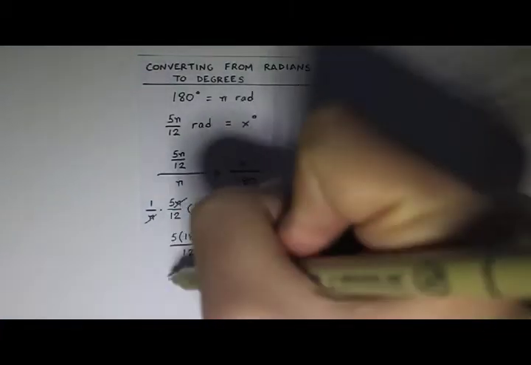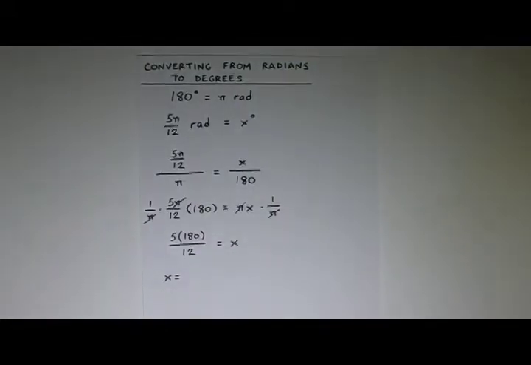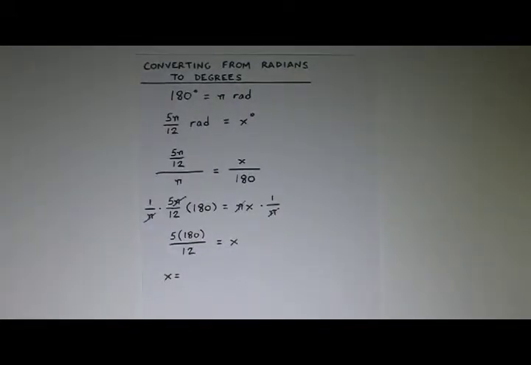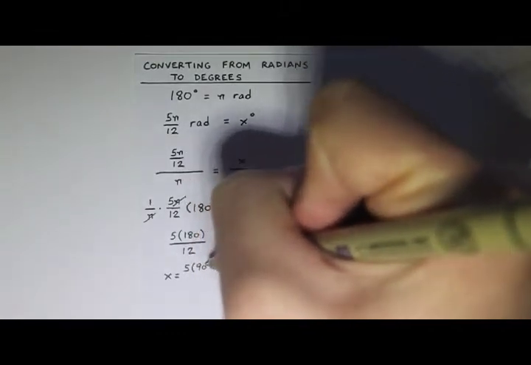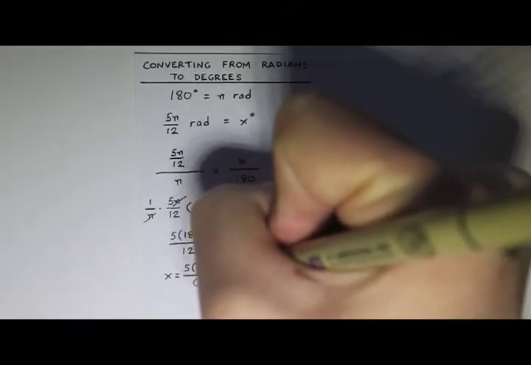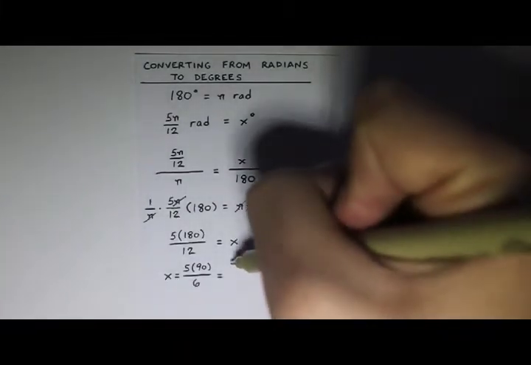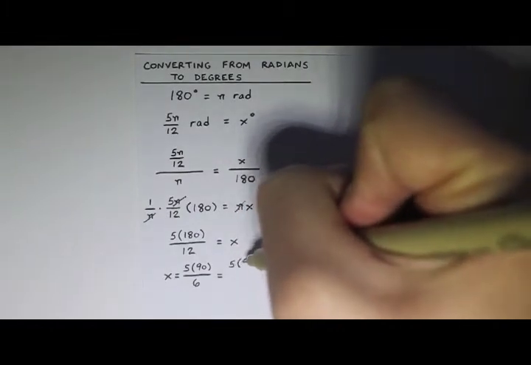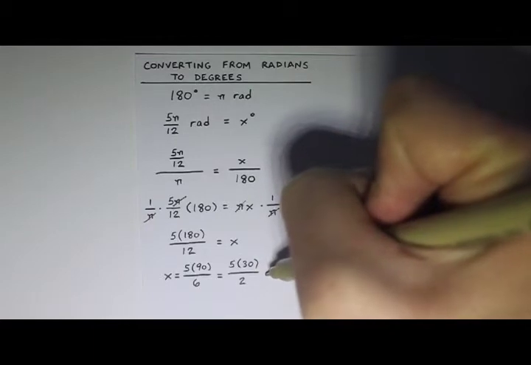Okay, so I'm going to write the x first over here. And now let's see. 5 times 180 over 12. Okay, well, 180 and 12 can both be divided by 2. So maybe let's make that 5 times 90 over 6. Okay, and then 90 and 6 can both be divided by 3. So I could make that 5 times 30 over 2.